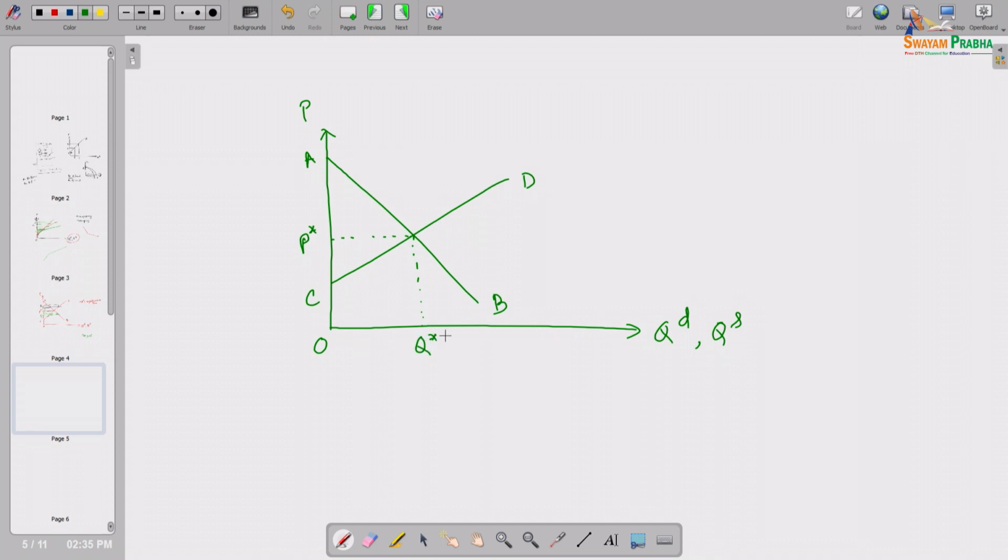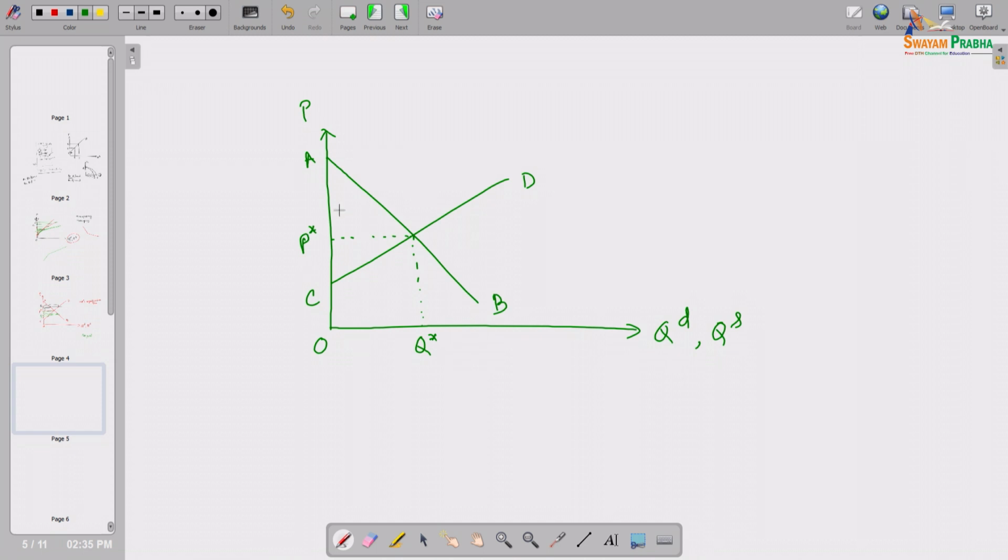In which sense equilibrium quantity? That much of the commodity will be transacted in the market, because that much demand is available and that much supply is available. So, all the demand will match exactly all the supply available in the market, right. So, that is the equilibrium quantity.